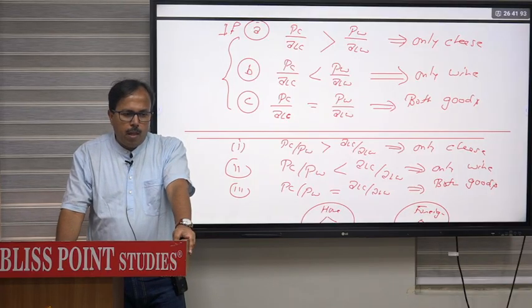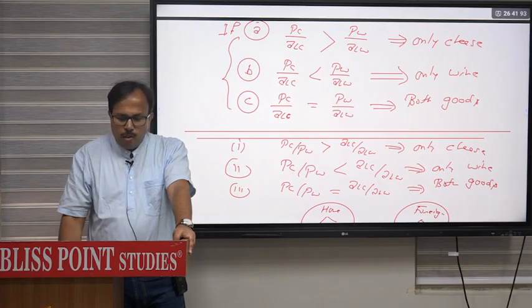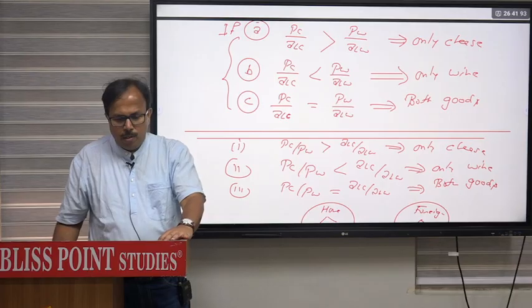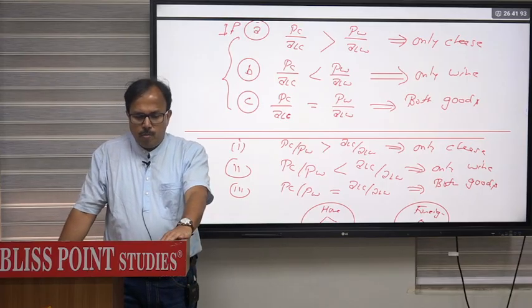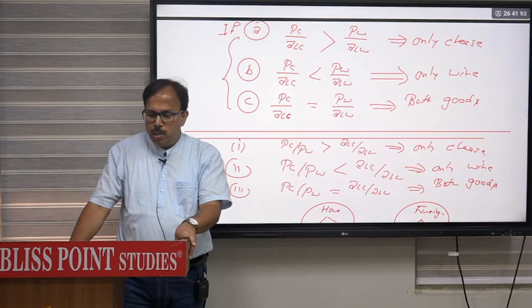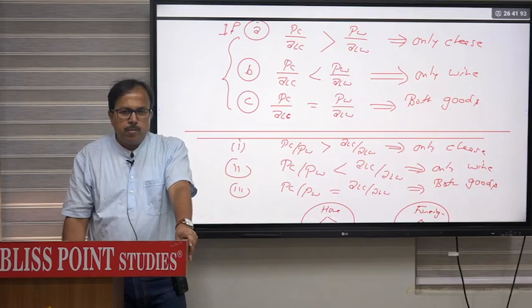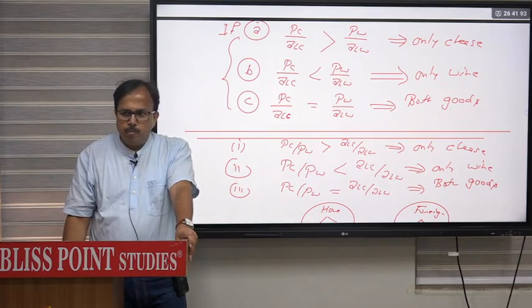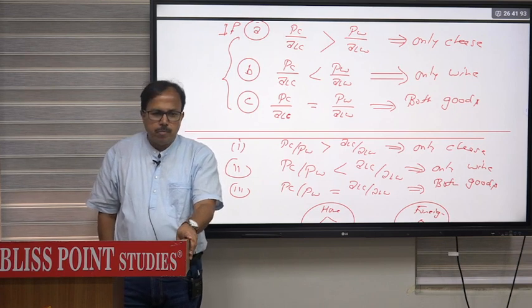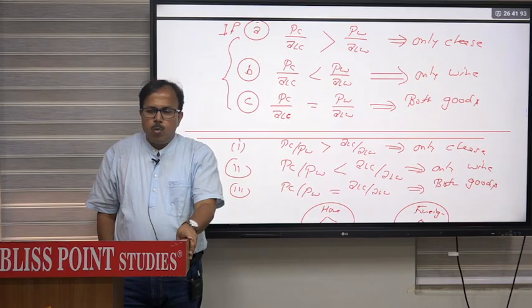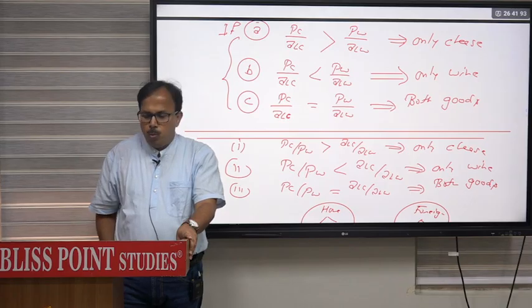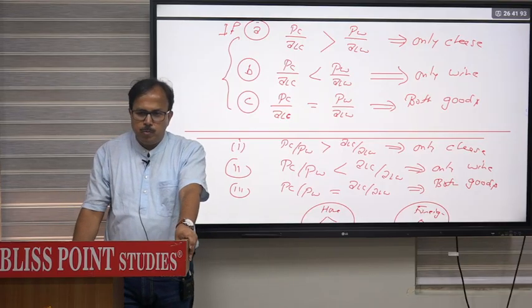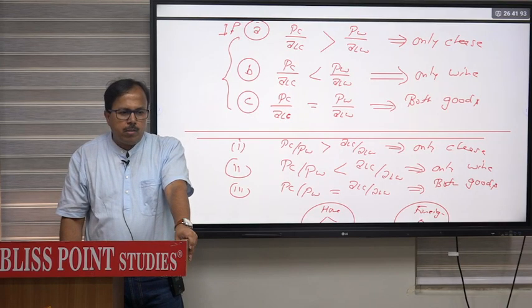Since a Ricardian model is based on the assumption of perfect competition, and under perfect competition workers are paid wage equal to value of marginal product, VMP.